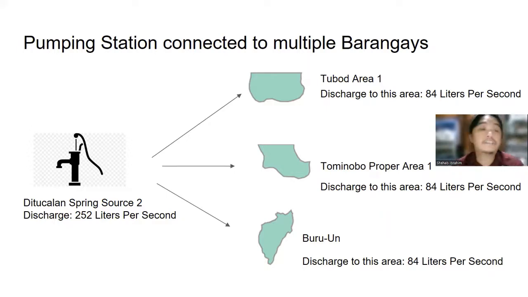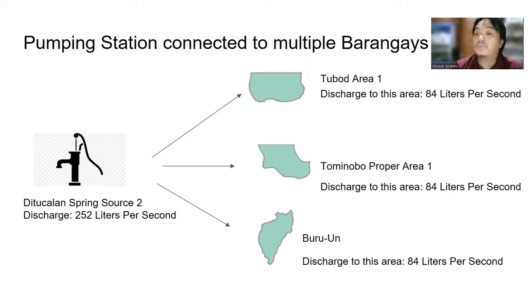In this case, Litocalan Spring Source 2 is serving 3 barangays, the Tubod Area 1, Tominobo Proper Area 1, and the Buruun. So the discharge is equally divided among these 3 areas. So each area got 84 liters per second.